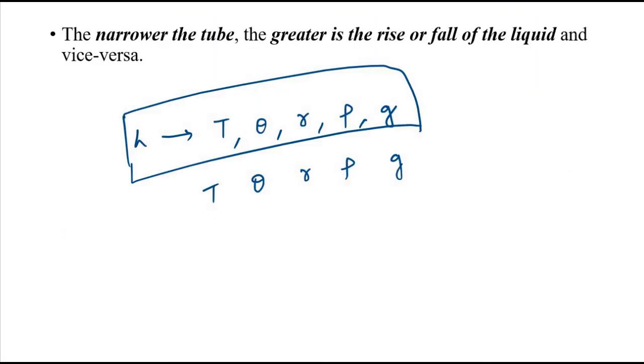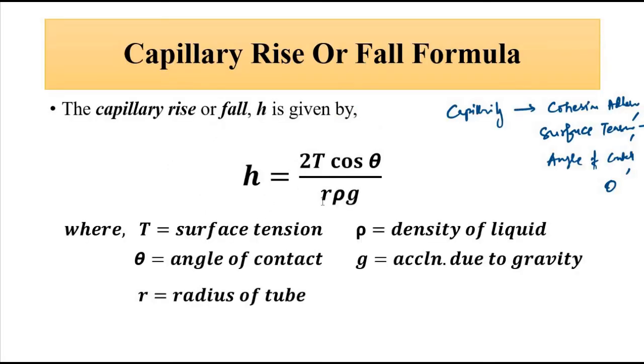So the less the diameter of the tube, or the narrower the tube, the greater will be the rise or fall of the liquid, okay, because it is present in the denominator. So the less the value of r, the more will be the value of h. It will be capillary rise or fall depending on the value of the angle of contact.